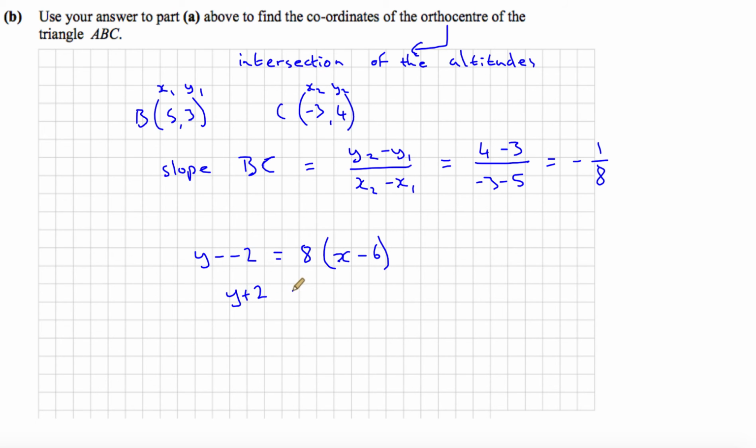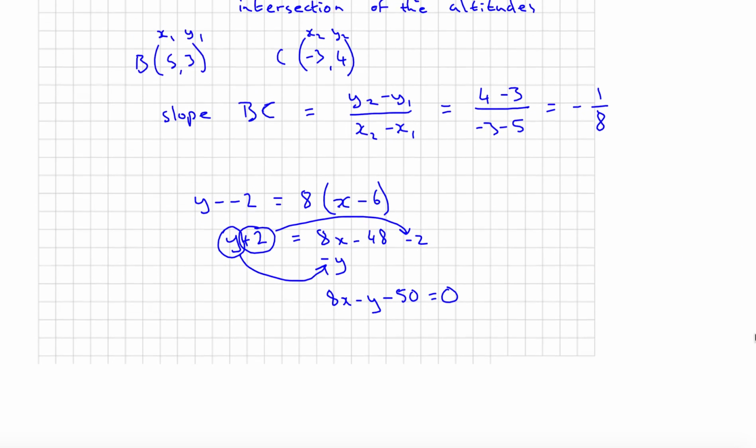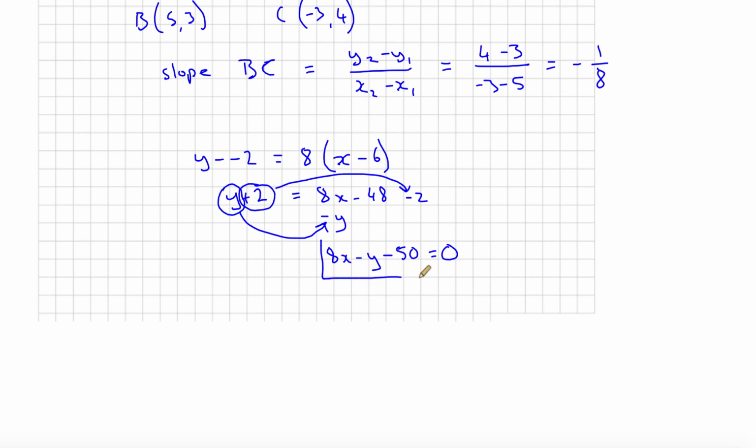That gives me y plus 2 is equal to 8x minus 48. When I tidy that up, bringing both of these over here, that's going to leave me with 8x minus y minus 50 is equal to 0. That's my equation of the red line.